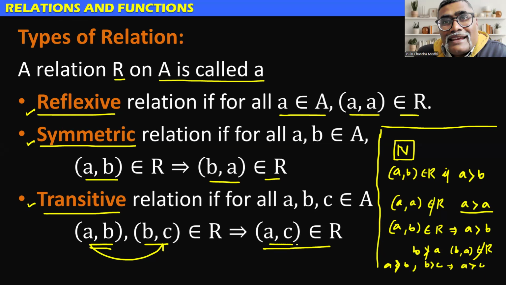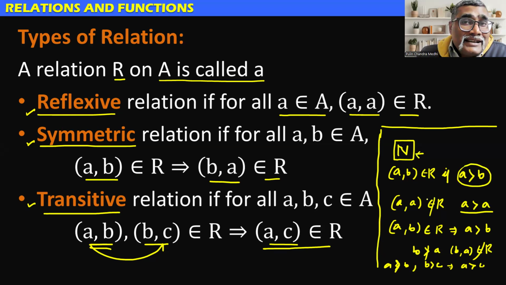So it means A comma C is in R. So it is transitive. So in my simple example, when I consider the relation R in natural numbers, where the condition of relation is greater than, it is only transitive. It is not symmetric and it is not reflexive. Let's move on to the next.